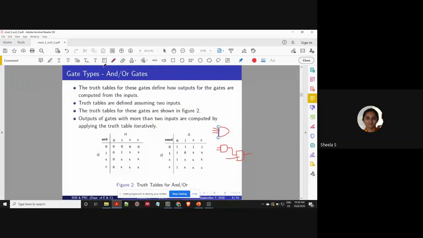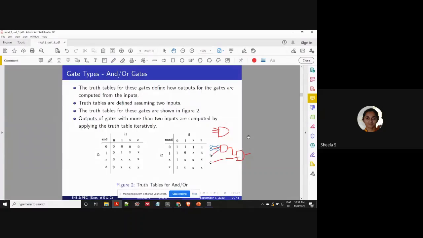If I take this particular input as A, here one input is A and the other input is B and the third input is C. So in that case, what happens? A will be connected to this port, B will be connected to this one and C will be connected to this one.